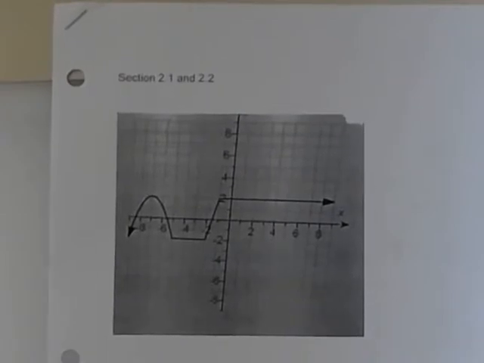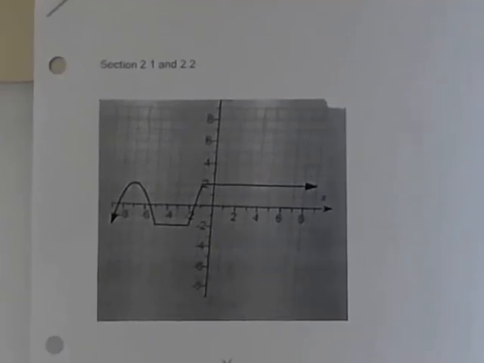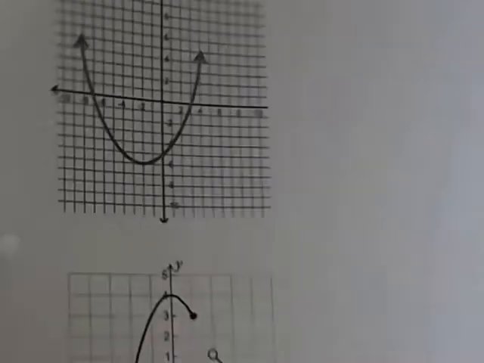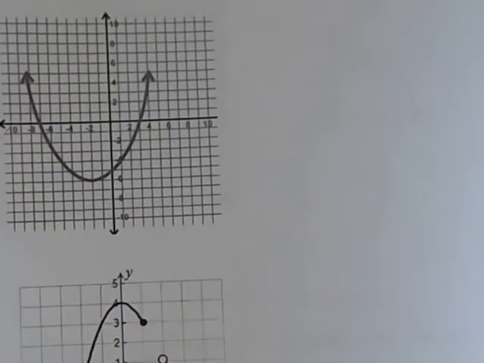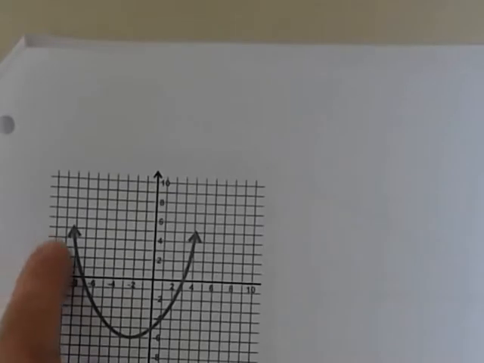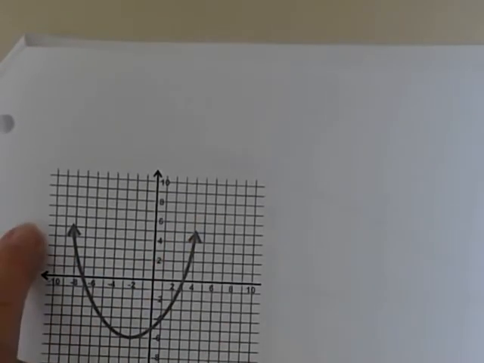All right, take that one out real quick. All right, what I'm interested in is this. Go to this one right here. You see how this graph here is continuous?